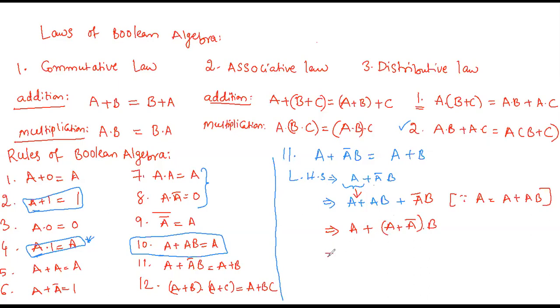What is A plus A bar? A plus A bar is 1. So A plus, this is combinedly 1 into B. Now 1 into B is nothing but B only. So it is A plus B, that is equal to RHS.